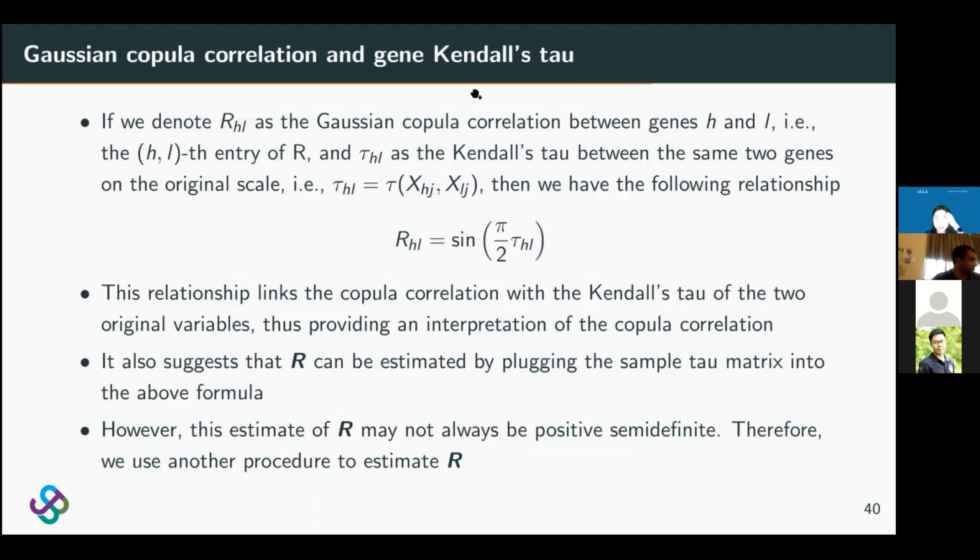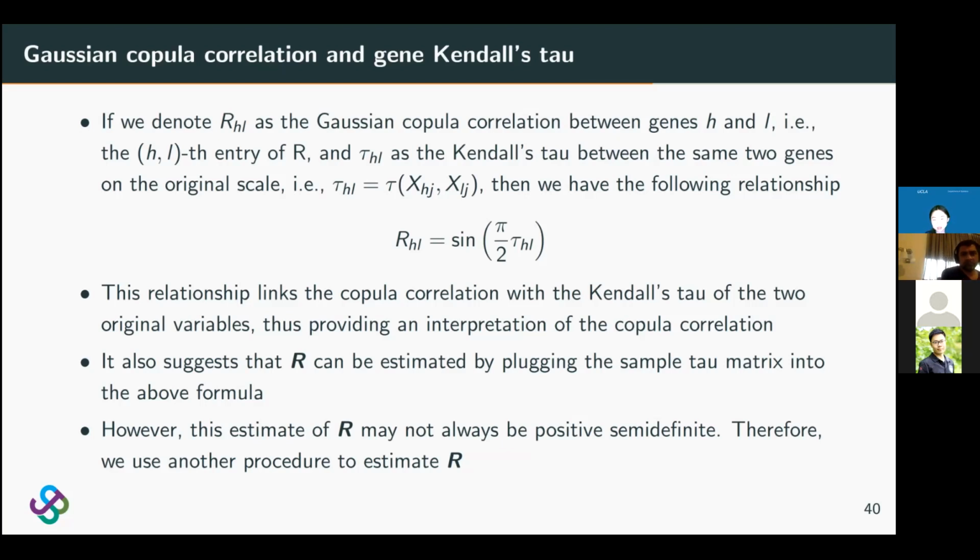So that's why the correlation for genes is not the Pearson correlation, it's Kendall's tau, which is a rank-based correlation. This is an interesting relationship: given the Kendall's tau of gene h and gene l, you can write the Gaussian copula correlation via a sine transformation. This shows that our use of the Gaussian copula can indeed provide some interpretation of two genes' Kendall's tau correlation.